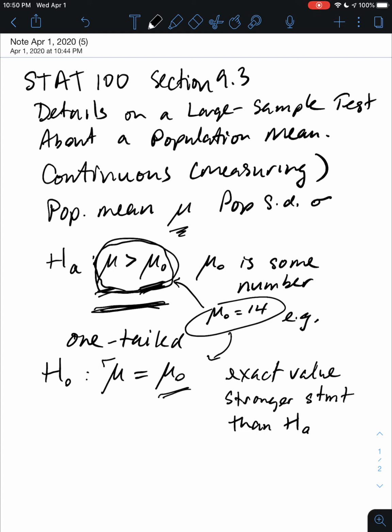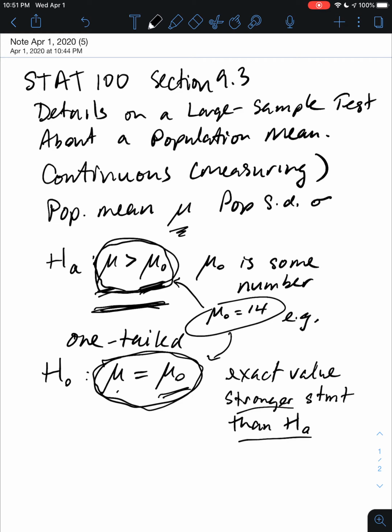But this gives an exact value for the population mean mu, and so it's a stronger statement than the alternative hypothesis. That gives us a bit of leverage.